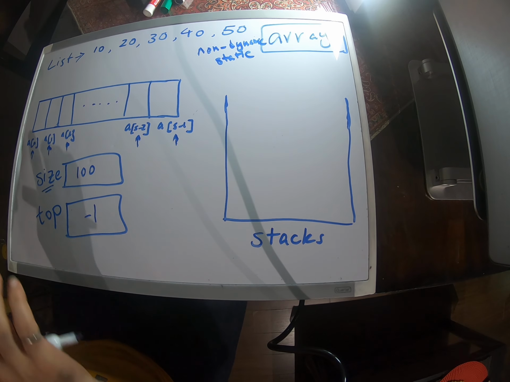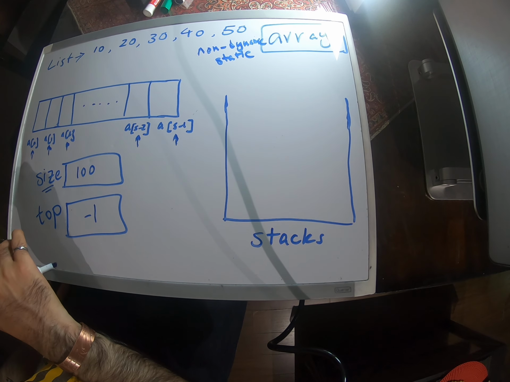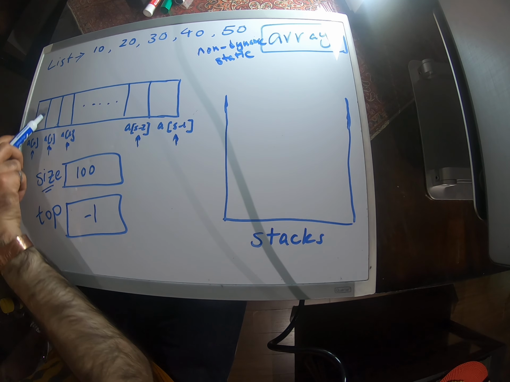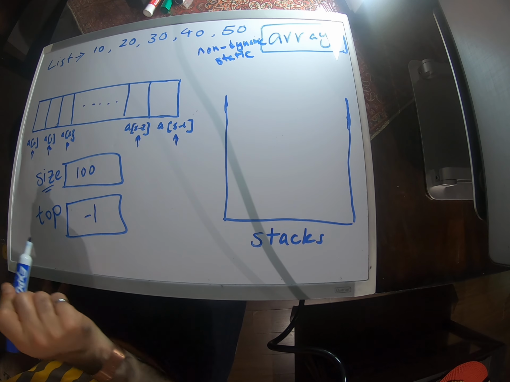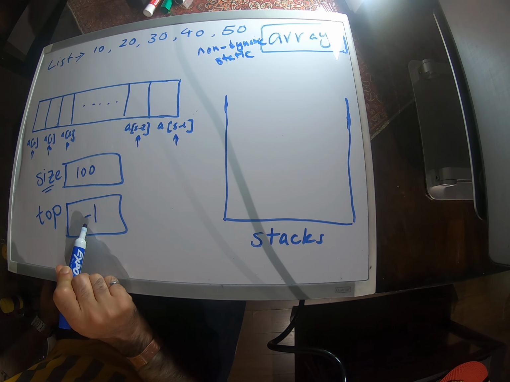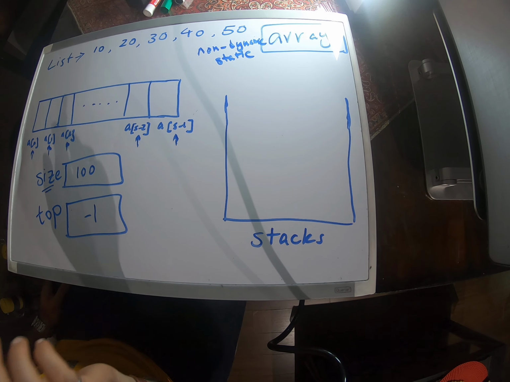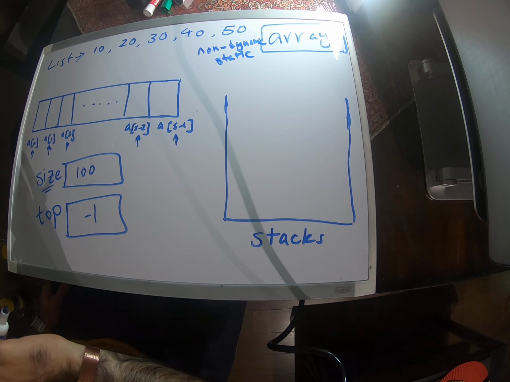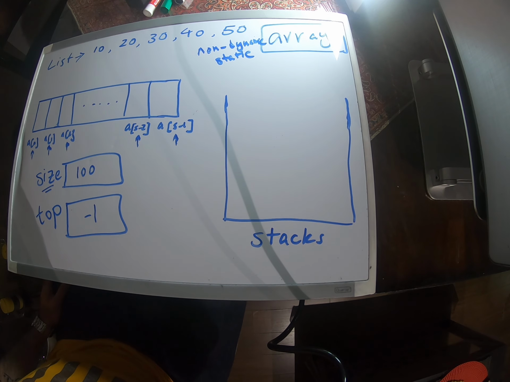When you have an empty array, the first number that you insert is going to be inserted at A0, so the top of the array becomes A0. So this number is always one smaller than the index of the number that's going to be pushed next.